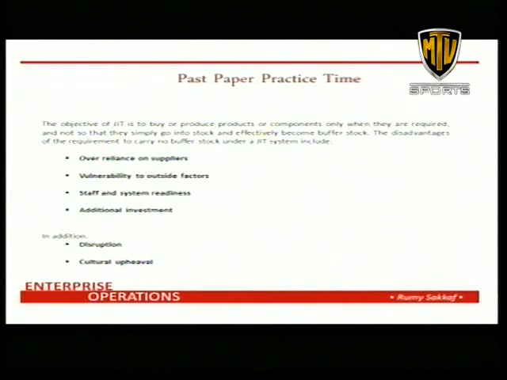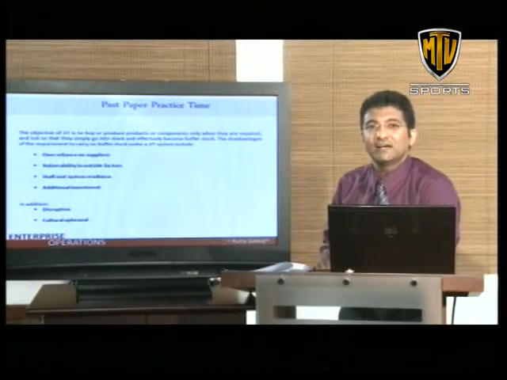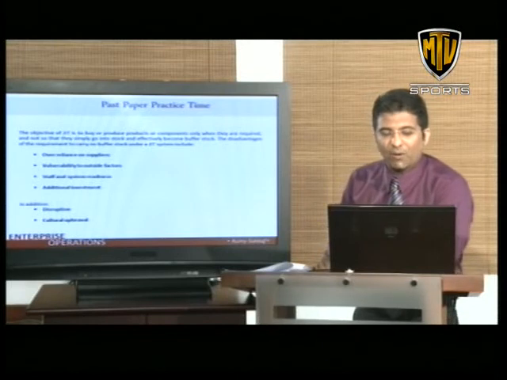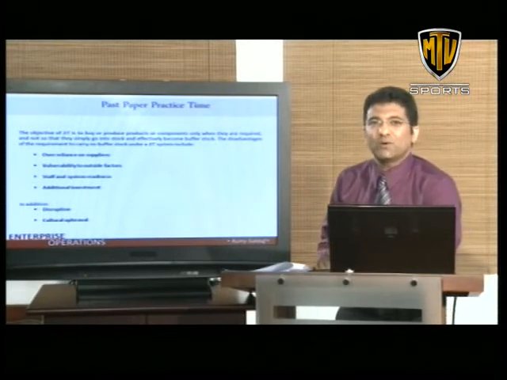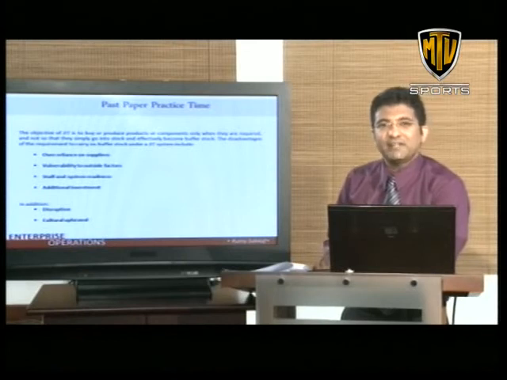One of the most important elements is whether the staff, the humans, are ready to accept a system which is newly introduced, and that is also basically a new culture. Also the systems, like your software packages, are they ready to adapt to the current situation? So there will sometimes be an additional investment.